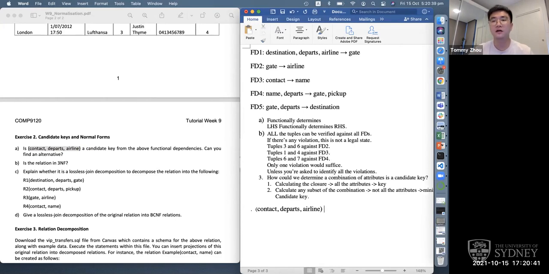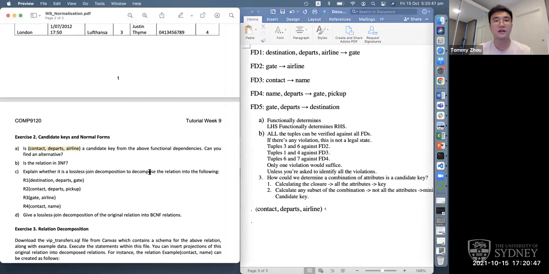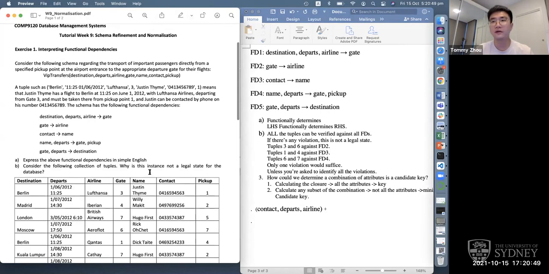Anyway, as long as you understand what I'm doing here. So how do we calculate the closure of this combination? We look at all these FDs. First FD, can we apply it here? No, because we don't have destination. And what about gate? No, we don't have gate. And then contact? Yeah, we have contact.